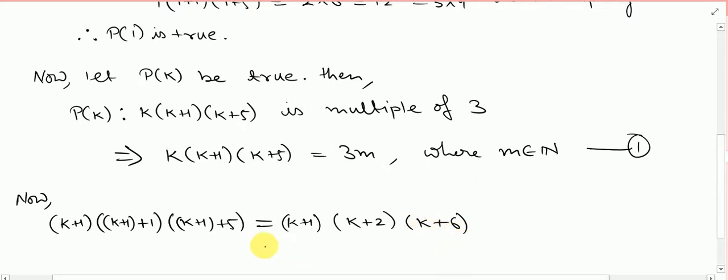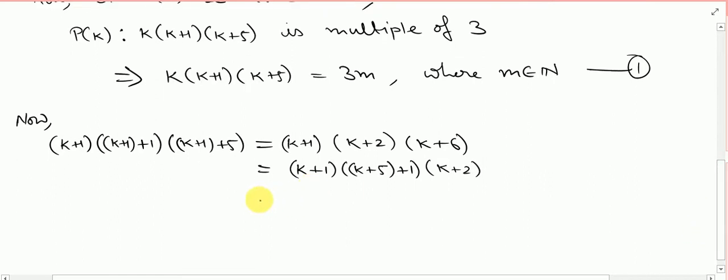So I can write it like this: k plus 5 plus 1, and here k plus 2. Next I can multiply this k plus 1 with the bracket and with 1.